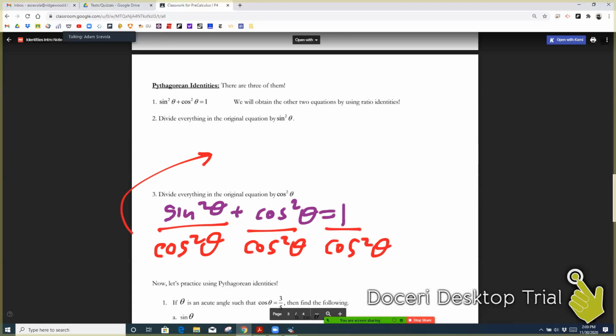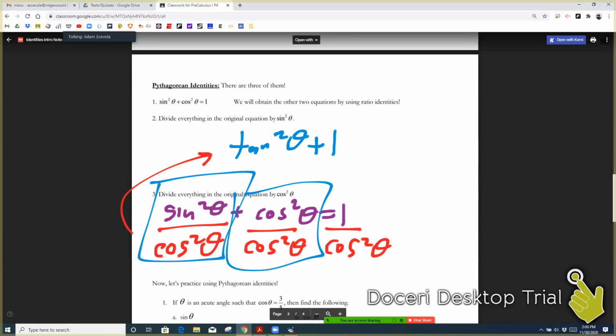Sine squared over cosine squared, that's going to be tangent squared, right? Sine over cosine is tangent, so sine squared over cosine squared is tangent squared. Cosine over cosine is 1. 1 over cosine is secant, so 1 over cosine squared is secant squared. Boom, there it is. There's the other one.